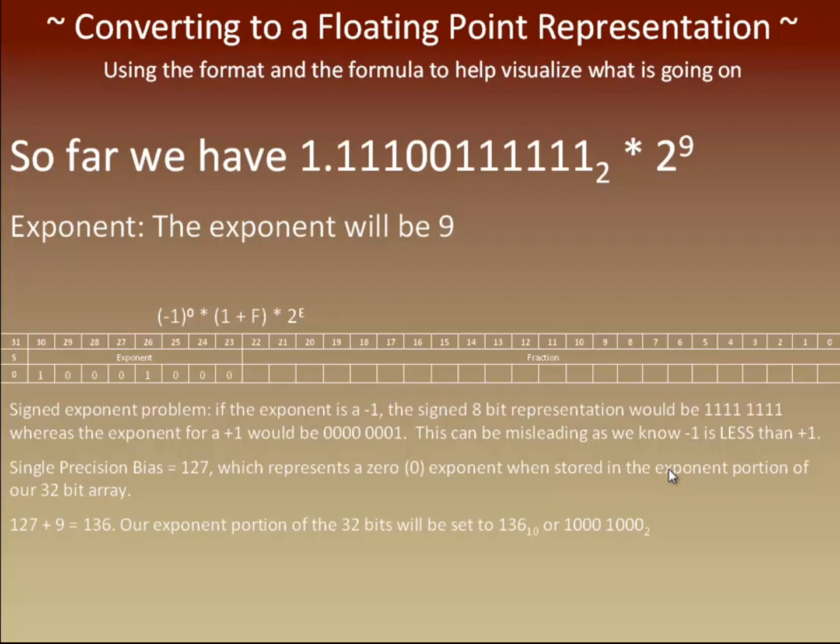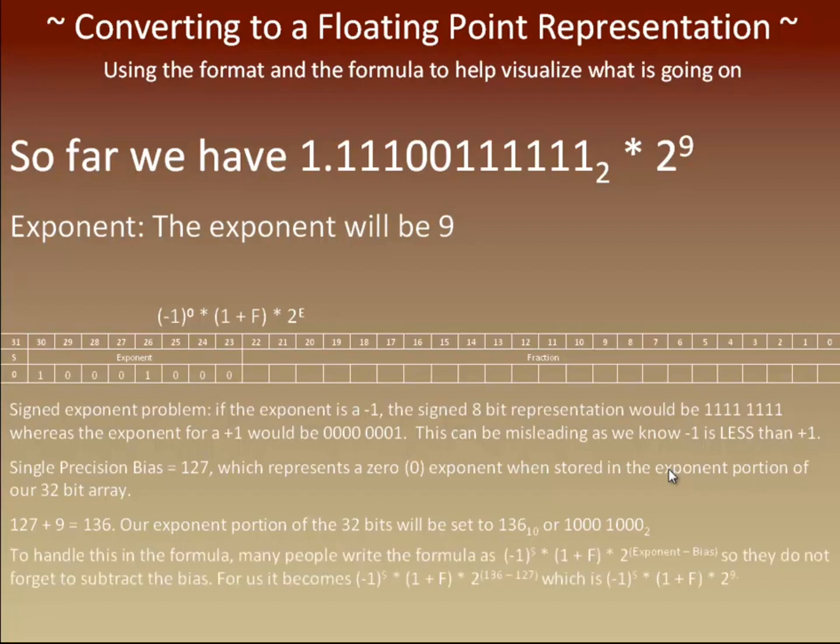So far we've got negative 1 to the 0 power times our mantissa times 2 to the e. Now we can plug our exponent value into the e of this formula. Some people like to write this formula as negative 1 to the sign times the mantissa times 2 to the exponent minus the bias. Because remember, when you're doing your formula here, you don't want to put your exponent in the e value because that's 136.